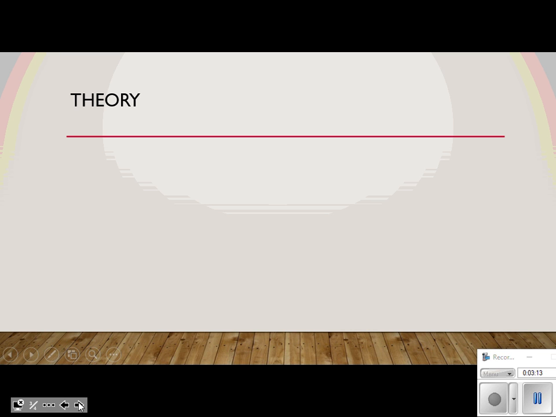Now let's talk about a theory. On your flap there, it shows Darwin's theory of evolution by natural selection. So that was a theory that Darwin had.